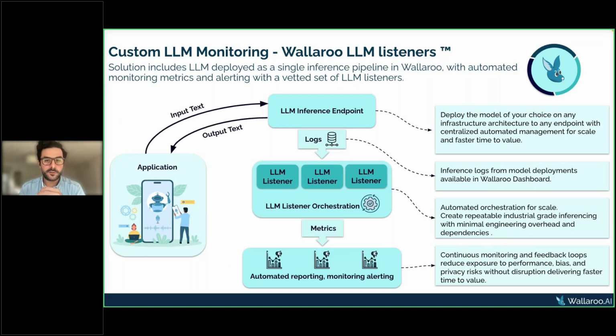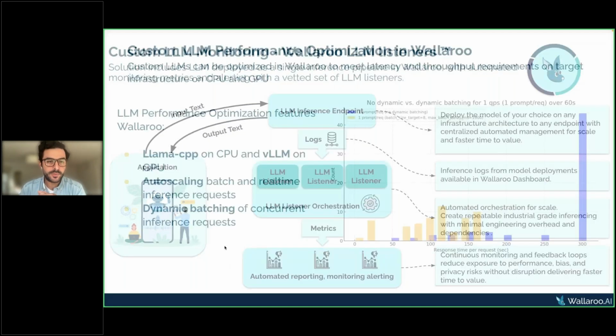So in terms of how the solution works today, it's a set of automated LLM listeners that are fully orchestrated within the Wallaroo platform, with alerts and metrics that score that interaction on the fly, which enables the AI operators, or the users of Wallaroo, to ensure that these LLMs are driving effective value for these deployments in production. And then next slide, please.